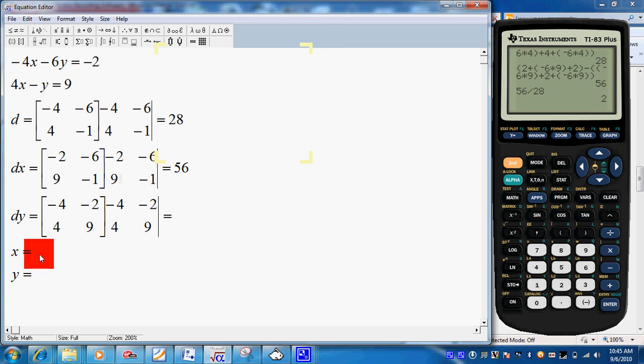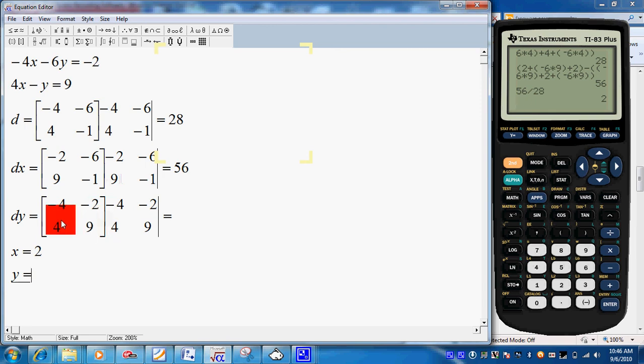Now we're going to do the exact same thing as what we did for Dx on Dy, except the y column has whatever's after the equal signs on the two equations. And always remember, on these matrices, you have to copy the first two columns over to the side, like I did.